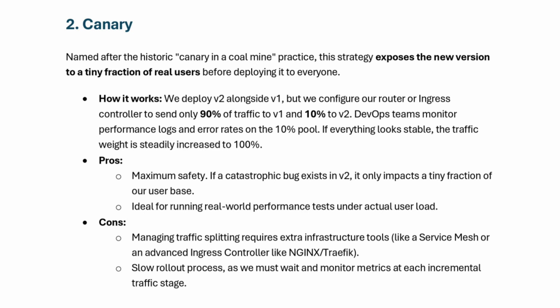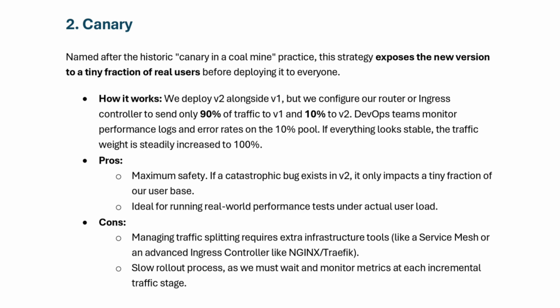So that 10% which we are deploying on version 2 is of actual real world users. So it tests under actual user load, that is real world performance. Cons will be managing traffic splitting requires extra tools in the infrastructure, for example service mesh or advanced ingress controller like Nginx or Traefik, meaning we require a bit of hard work to make this happen.